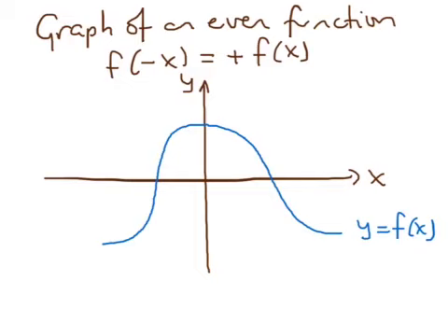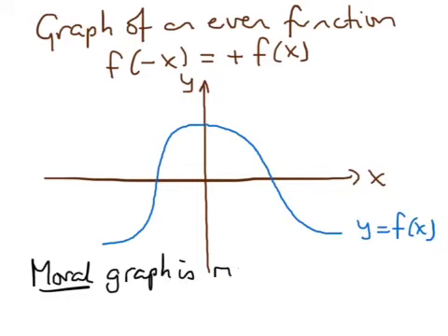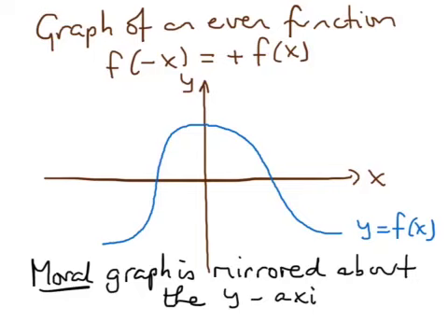So the graph of an even function is, we conclude, this is the important moral, that the graph is mirrored about the y-axis. And this makes it easier to sketch such graphs, and it also has important implications for definite integrals.